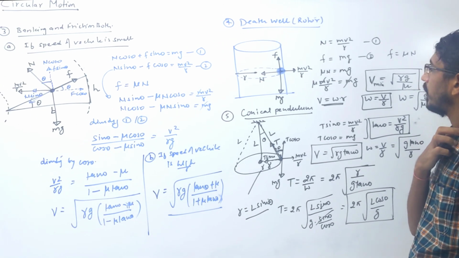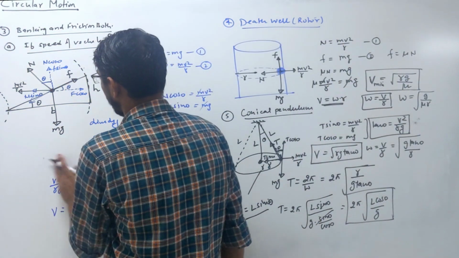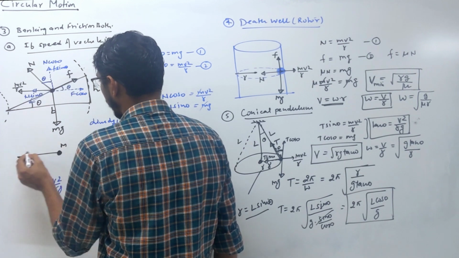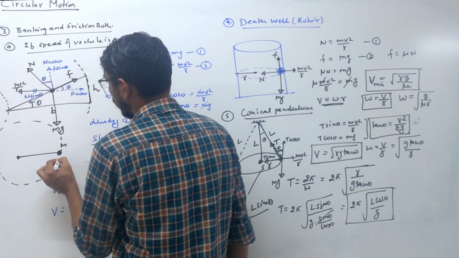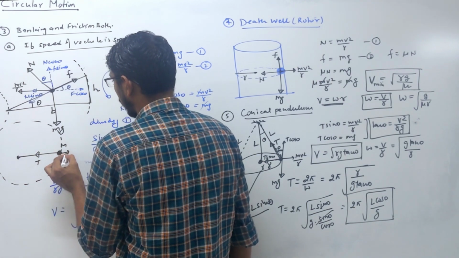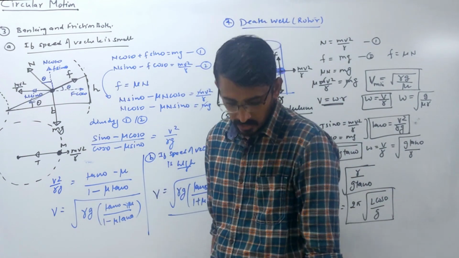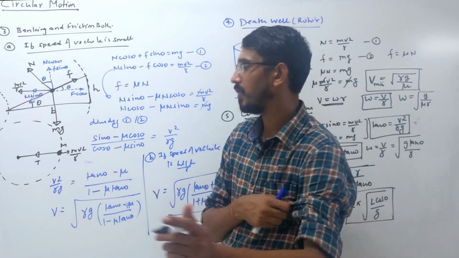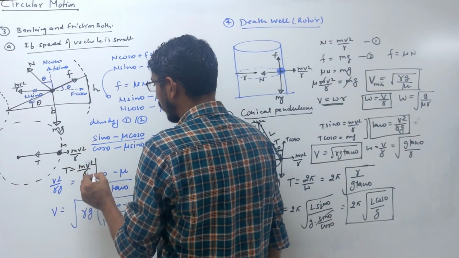Okay, apart from this, what question they can ask you is this: suppose you have some stone of mass m tied with a string and you are rotating it in a horizontal plane, correct? Here is tension T, here is the central force mv square by r. So they can ask what is the tension in that string. If you are moving at constant speed in a horizontal plane, tension will be simply equal to mv square by r only, that's all, right?